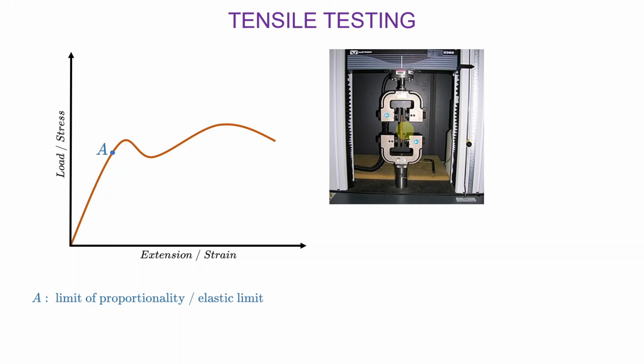That is proportionality, okay? And so as the load is being applied, you have proportionality taking place for a certain period until you reach this point A. At point A, that is the limit of proportionality. Beyond point A, the behavior of the object is no longer proportional, okay?